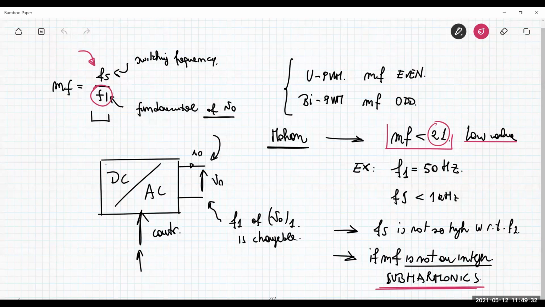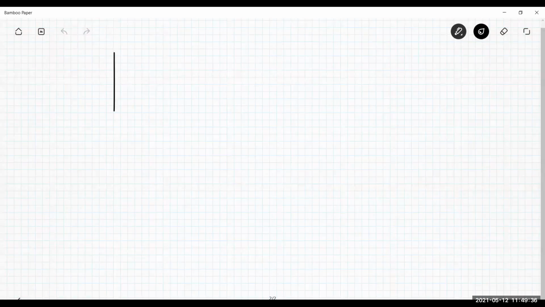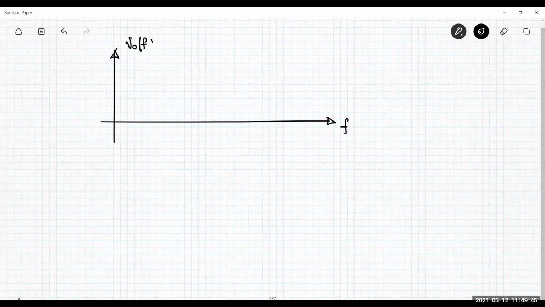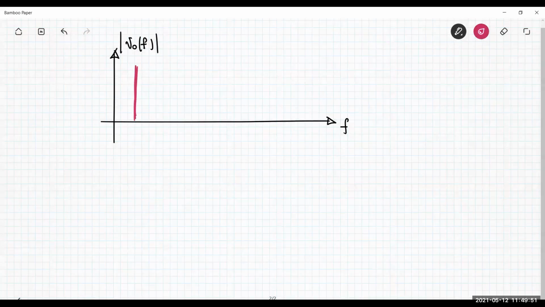Subharmonics are specific harmonic content that you could see if you look at the spectrum of the output voltage appearing at frequency lower than F1. So you have something like this appearing here.